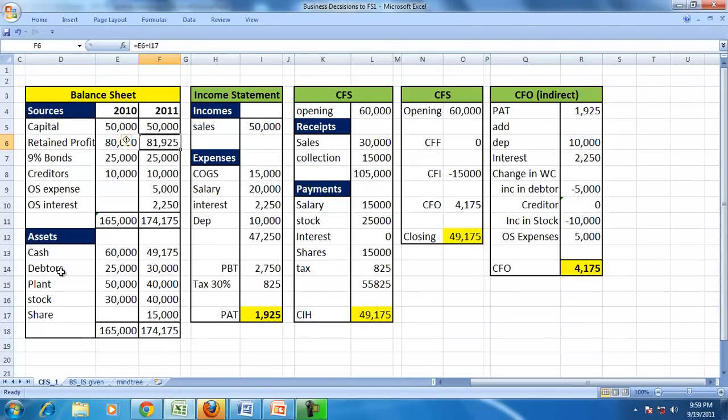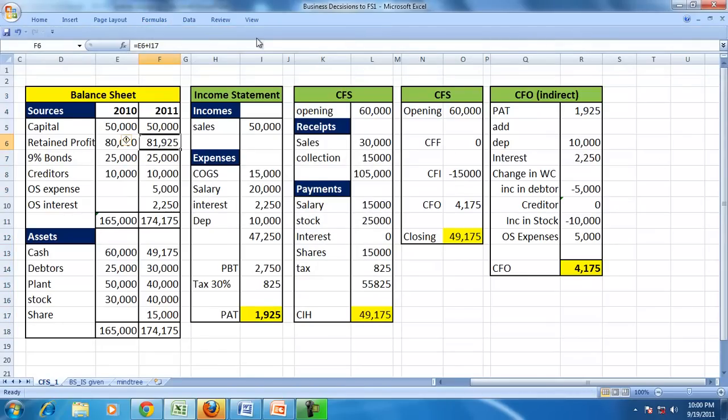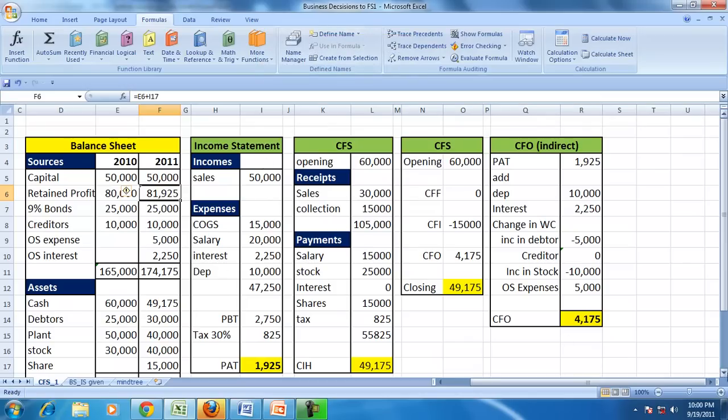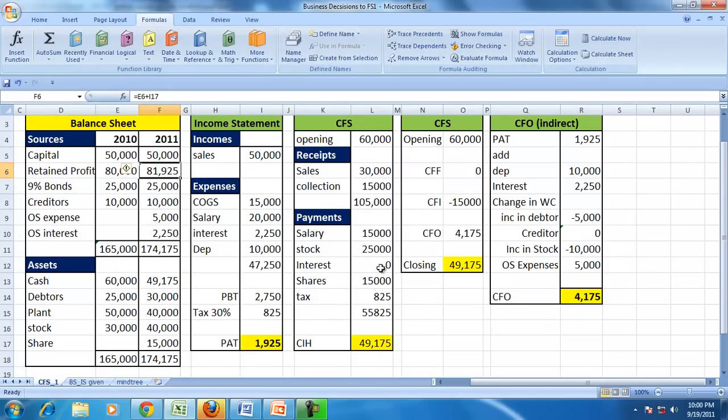See, the opening balance sheet is given, the closing balance sheet is given, and the income statement and cash flow statements are there. Let us pick up some items and observe whether the changes in the balance sheet are captured by the income statement and cash flow or not. Let's say retained profit.